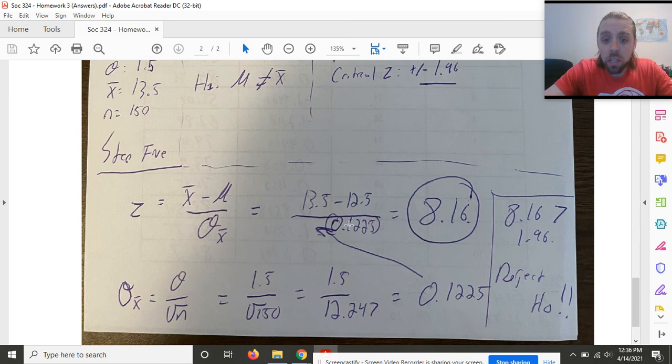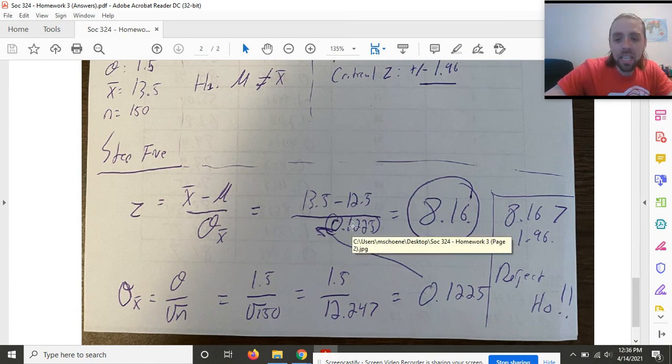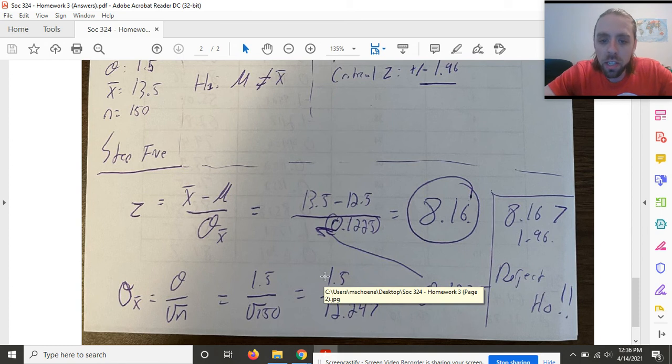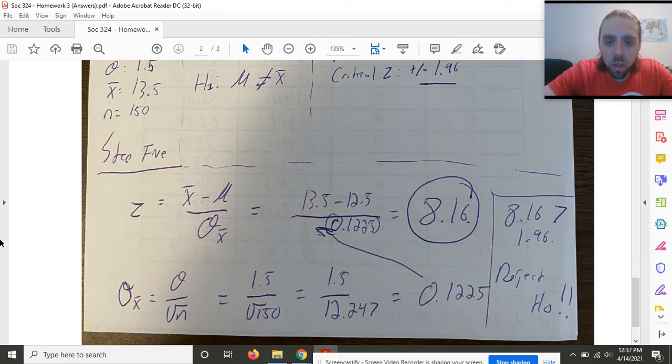Follow the arrow and you will see that it gets plopped right in the denominator of my z formula. So z is calculated by taking 13.5 minus 12.5 over 0.1225, which again is my standard error. This reduces to 1 over 0.1225, and that is equal to 8.16.